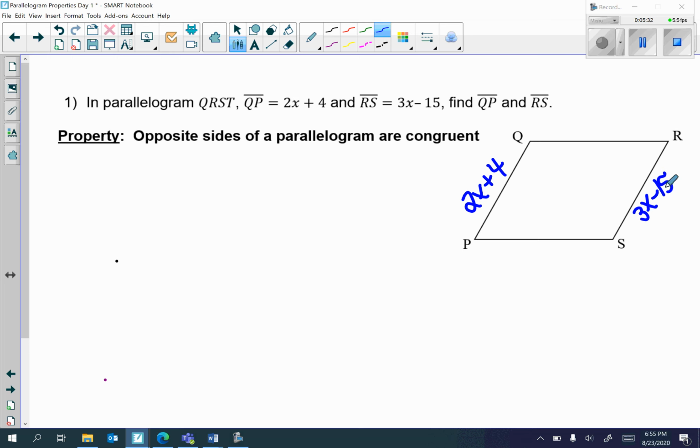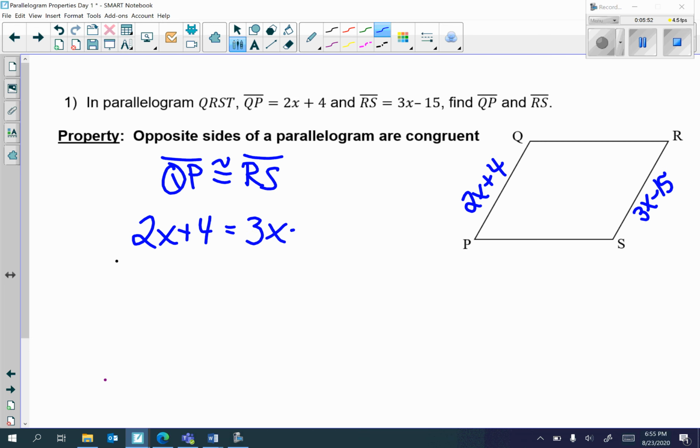So the property that we're going to be applying to this problem is that opposite sides of a parallelogram are congruent. Congruent means they have the exact same length. So that means I'm going to set QP congruent to RS. And if they're congruent, then I can set 2x plus 4 equal to 3x minus 15.